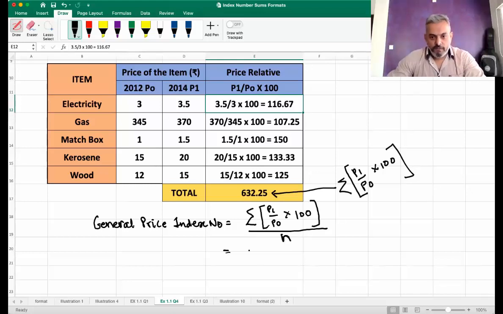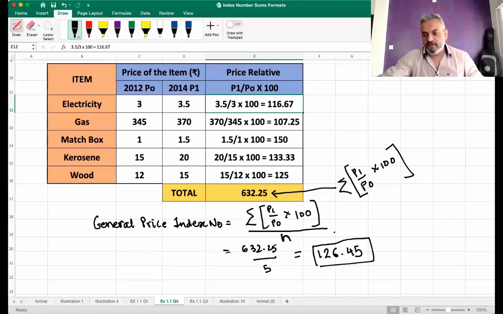So now we write 632.25 divided by 5, which is equal to 126.45. So 126.45 is the general price index number.